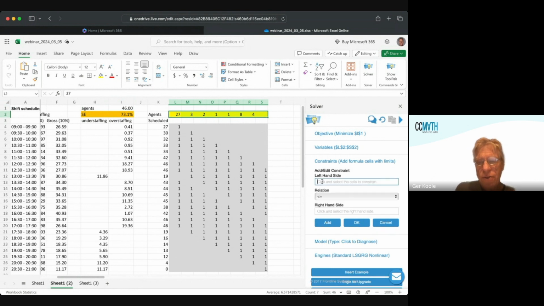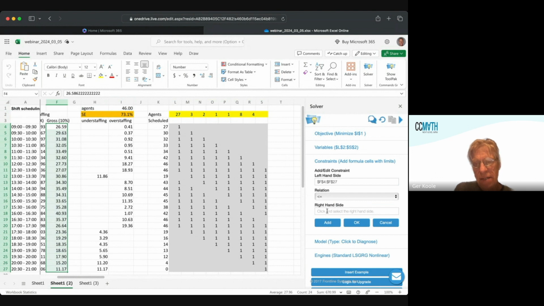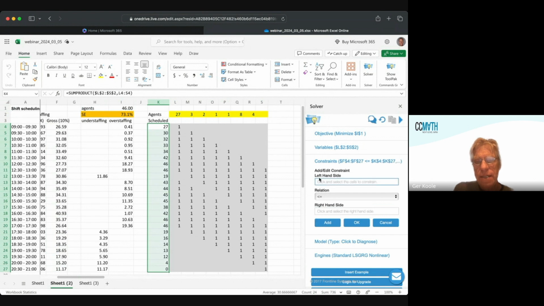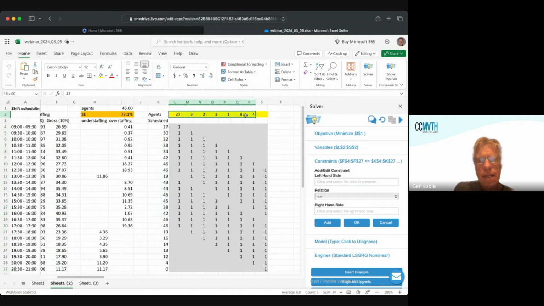Well, the constraint is that here we have this gross staffing, and that should be less, and the right relation is already there, than the number of agents scheduled. And actually, I know that we need another one, and that one is that the agent numbers are integer numbers. They are not broken numbers.